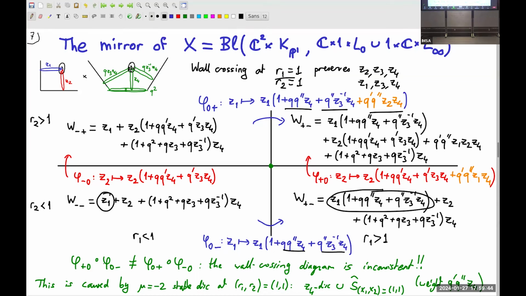So hopefully it's okay. The explanation is that when I'm down here at both radii being equal to 1, there's a Maslov index -2 stable disk. That disk is just, I go straight down here, and then I add this sphere. Because I'm at 1, 1, I'm actually on both blow-up loci.